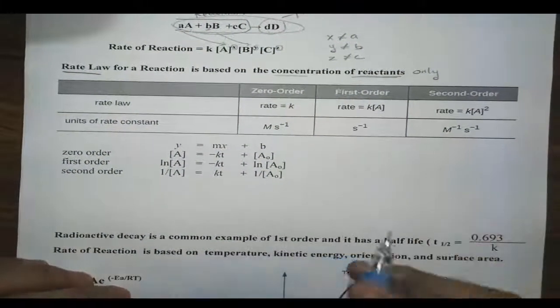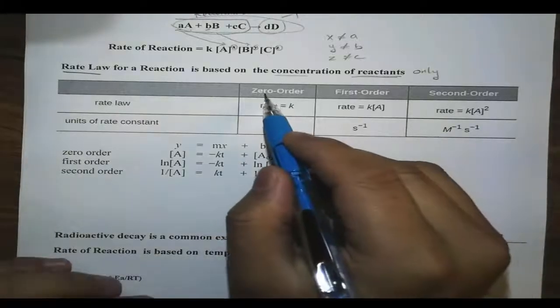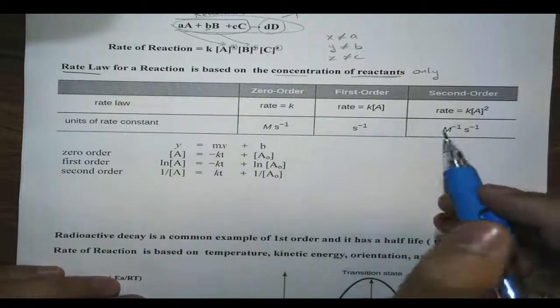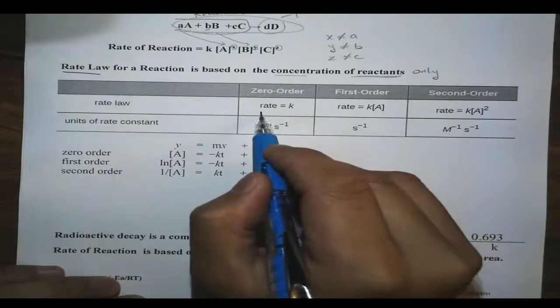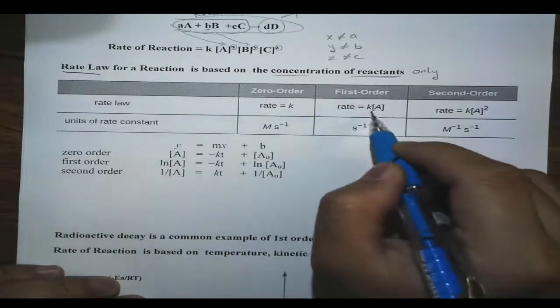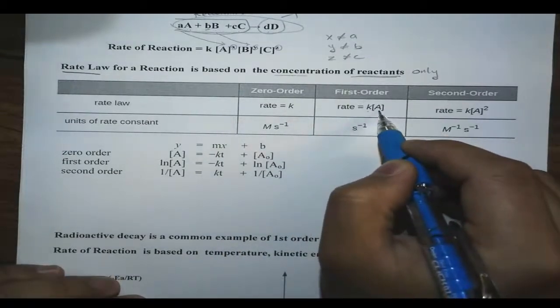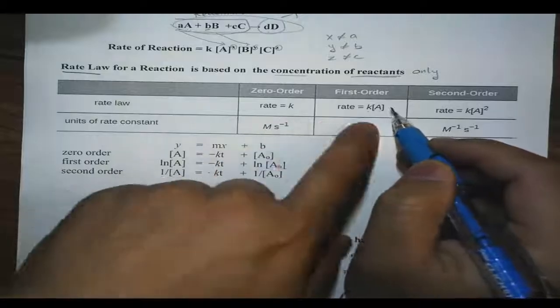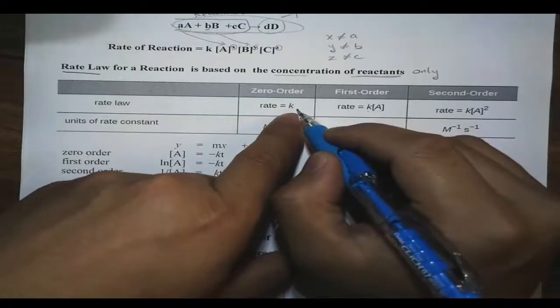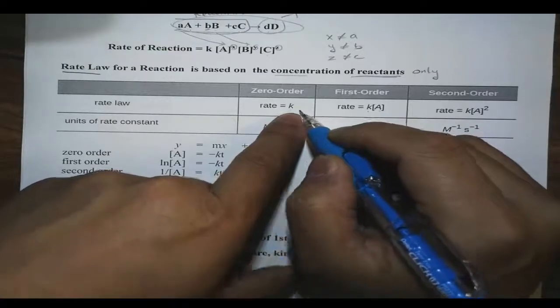There are three types of rate law. The first one is zero order, first order, and then the second order. And each of them is defined by a specific rate law. For the zero order, rate is equal to K. For the first order, rate is equal to K times the concentration of A. What is the difference between the two? Well, the zero order is independent of the concentration.